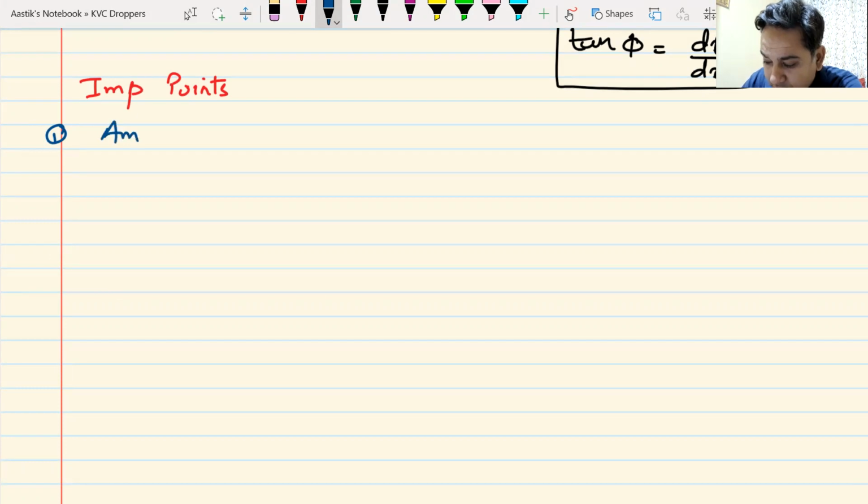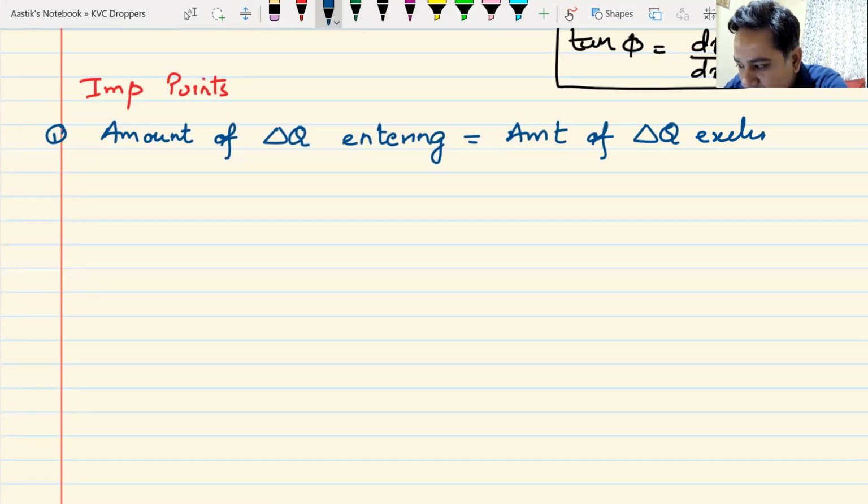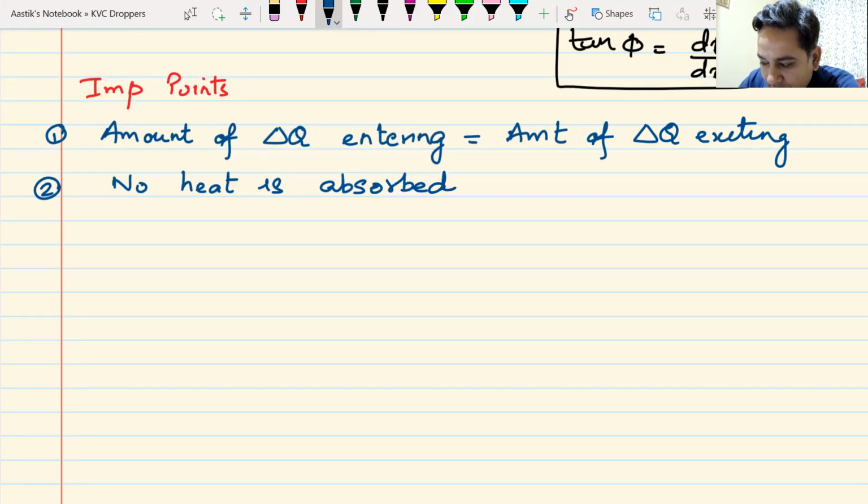Amount of heat entering any section will be equal to amount of heat exiting that section. Do we understand this? The other way of saying this is no heat is absorbed in any of the sections.